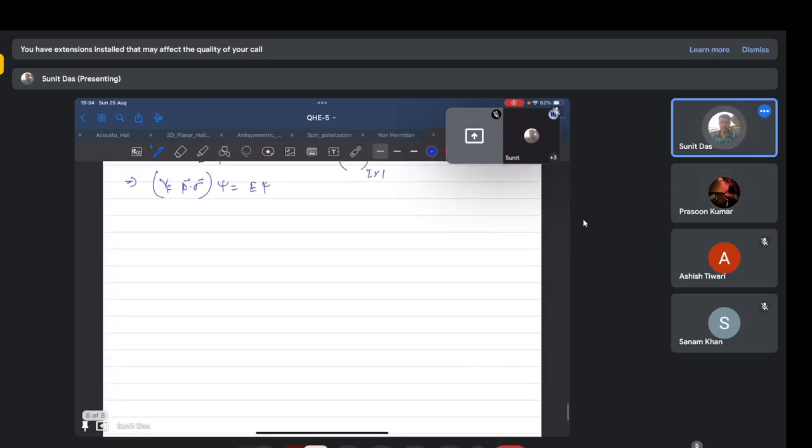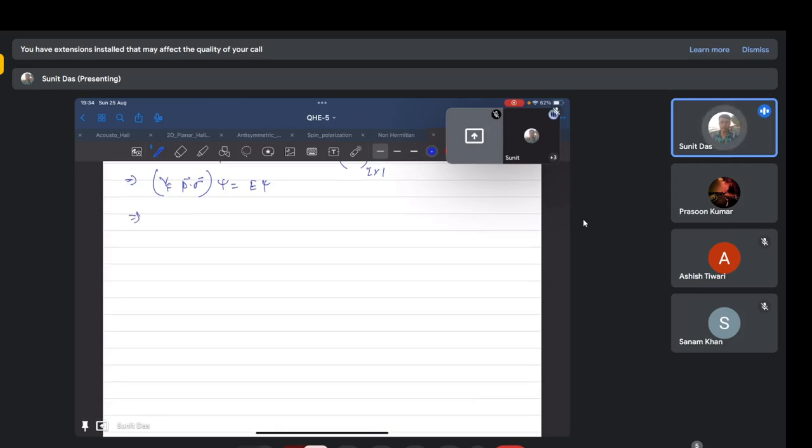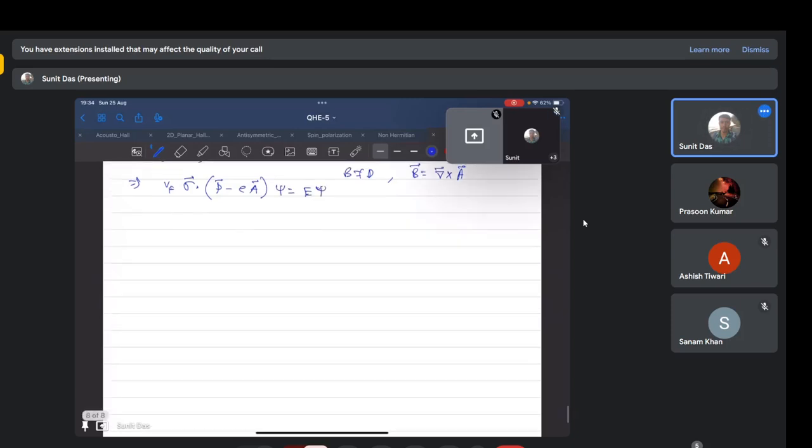Okay. So once you apply a magnetic field, represented by the curl of A, let's say A is the vector potential, then you will have Vf sigma dot (P minus eA) psi equal to E psi.